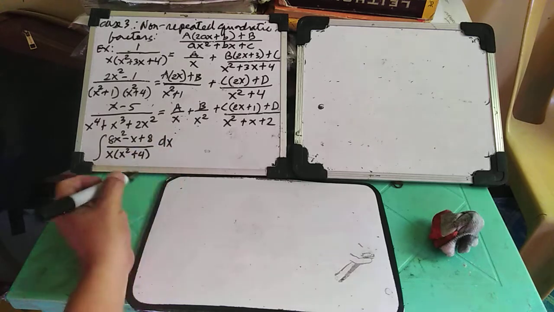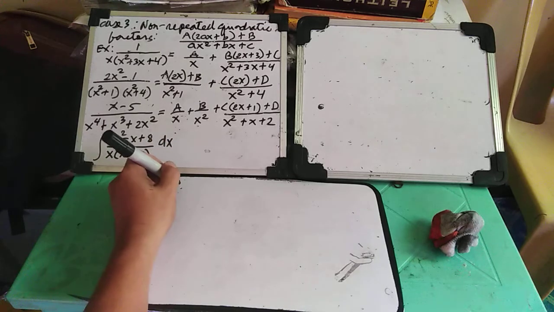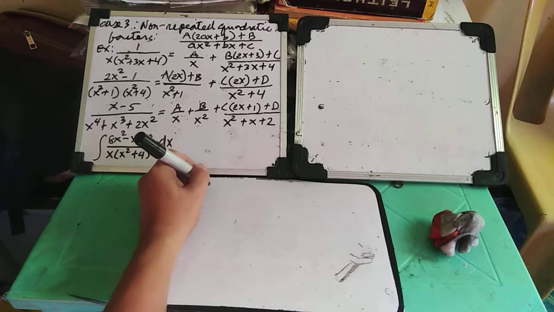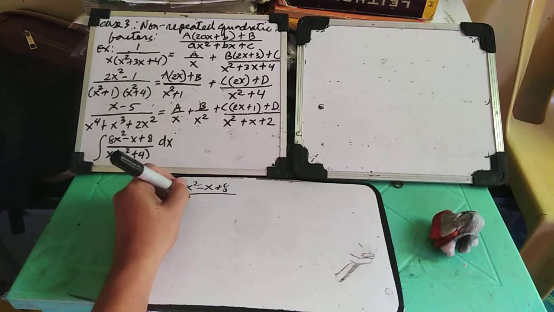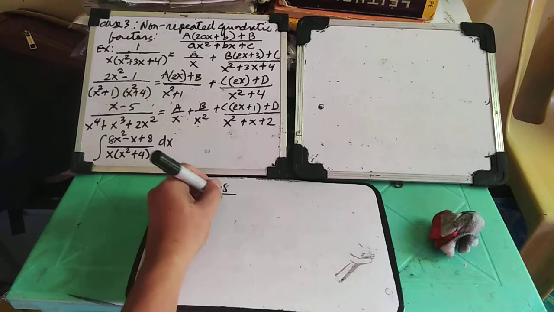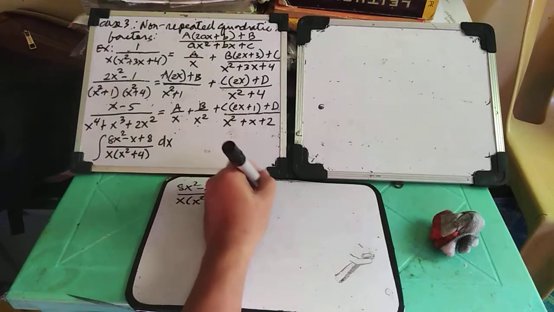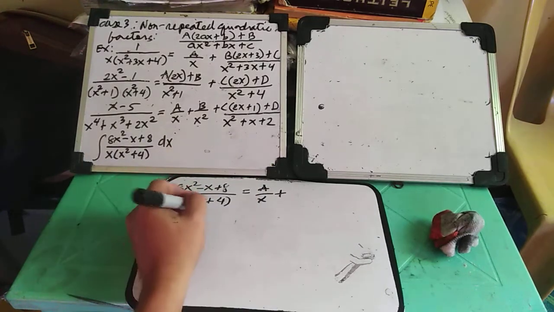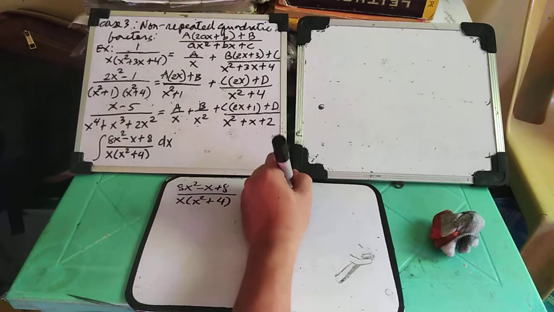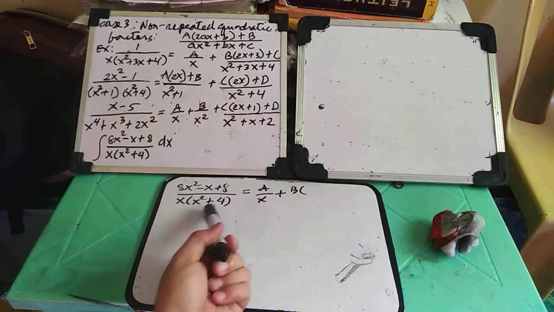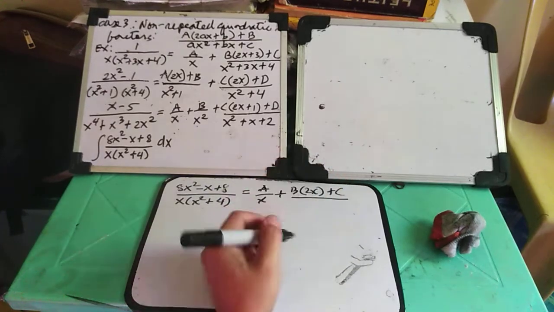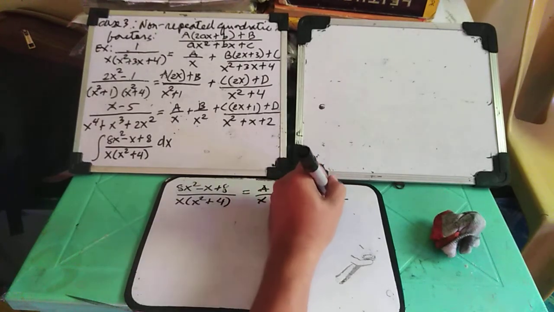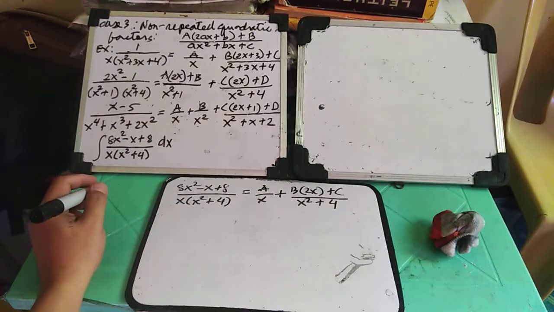So we associate the partial fraction into A over the first factor, which is linear, A over x, plus the second factor is quadratic, so B times the derivative, which is 2x, plus C, then all over x squared plus 4.